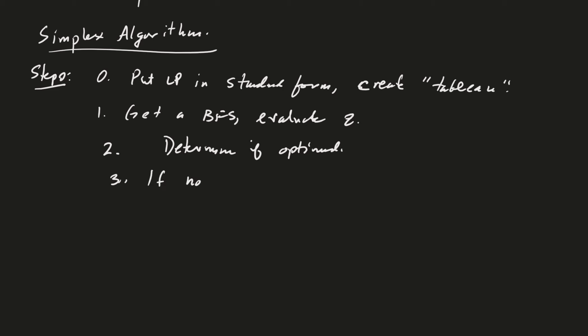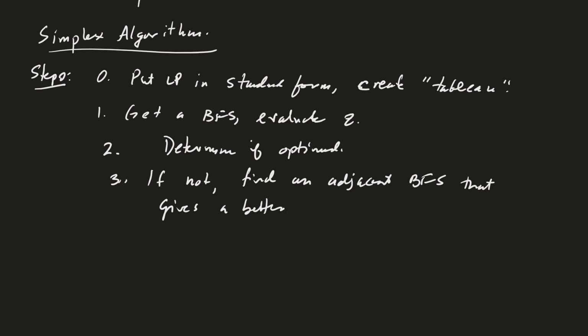Then if not, find an adjacent BFS that gives a better solution. And this is important. There's two important things here. It's adjacent and you must get a better solution, right?